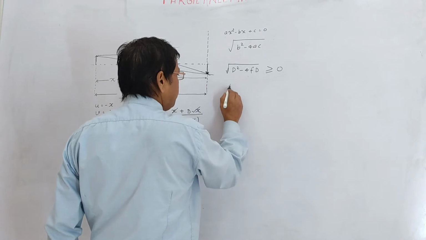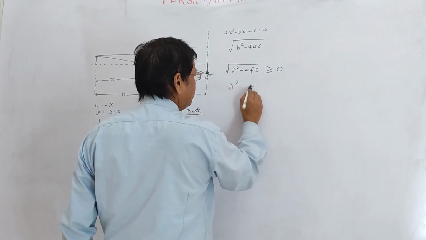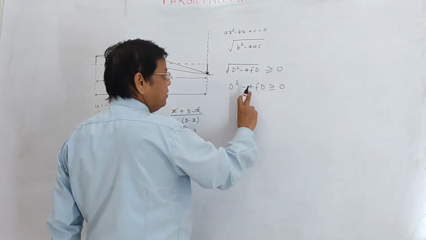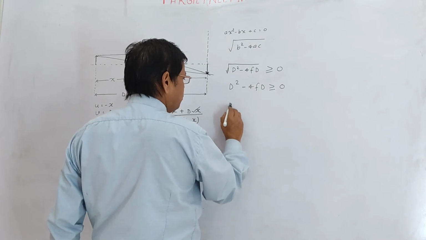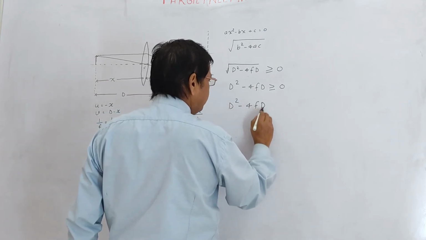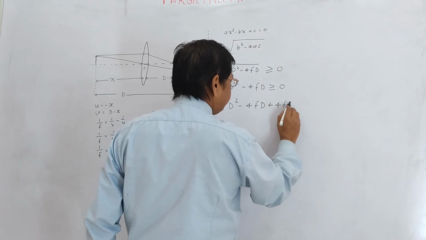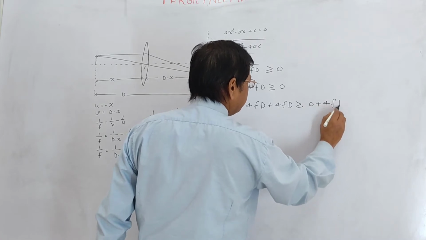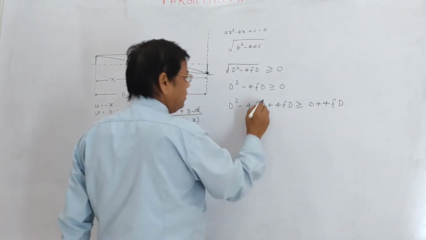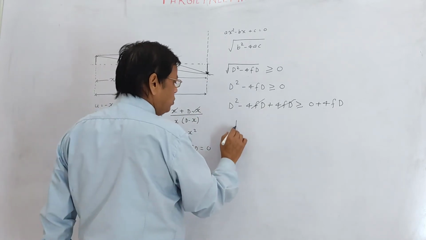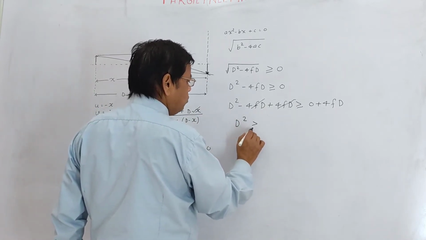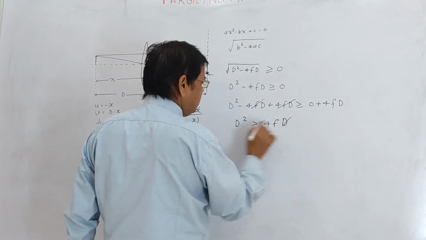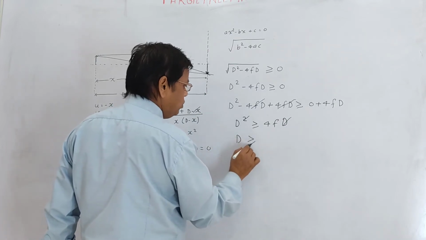Now squaring both sides, d square minus 4fd should be greater than or equal to 0. Adding 4fd on both sides, d square minus 4fd plus 4fd is greater than or equal to 0 plus 4fd, because here I added 4fd on both sides, so this is cancelled. So d square should be equal to or greater than 4fd. d cancels, so d should be greater than or equal to 4f.